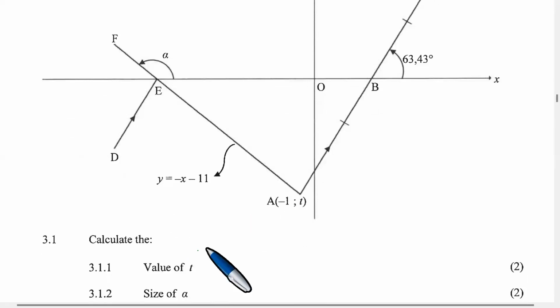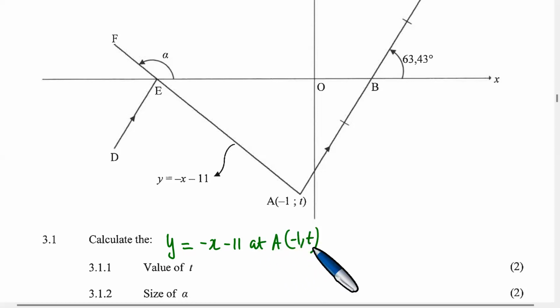So we're going to start by writing y = -x - 11. It is at the point A with the coordinates (-1; t), with x and y. So we put the y here, which is t.